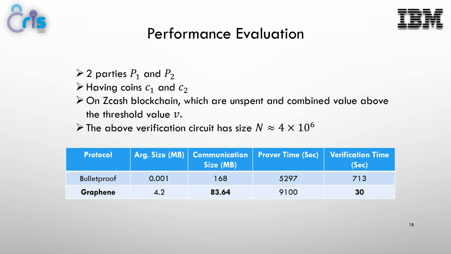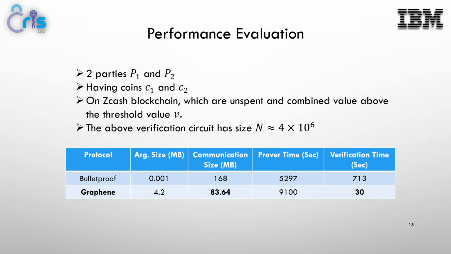Finally, in the distributed prover setting, we considered a ZCash network where two parties P1 and P2 have coins C1 and C2. Together they claim that the coins are unspent and the combined value of the coins is more than a publicly known value V. In the ZCash network, this claim can be verified by a circuit which is of size 4 times 10 to the power 6.